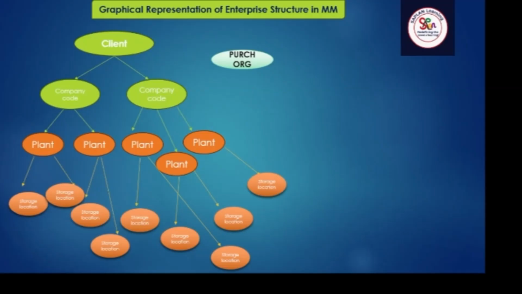Apart from company code, plant, and storage location, we have another very important enterprise unit in material management that is known as purchasing organization. The purchasing organization is responsible to procure the material or services for one or more plants and for negotiating the general conditions of purchase with the vendors.